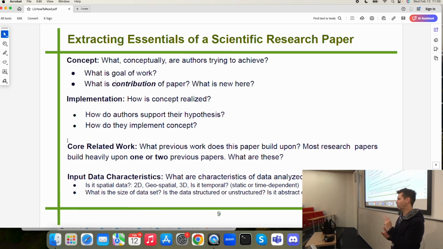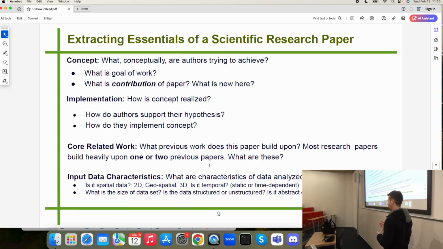There's usually one or two that are the most important. And then the question is, what are those? What are the two most important? Like parents, you could call them parents, academic parents, previous publications. And the input data characteristics.